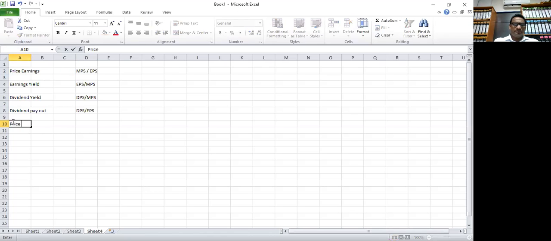Price to book value is MPS over book value. So these are the market ratios. Are we clear? Not difficult calculations.